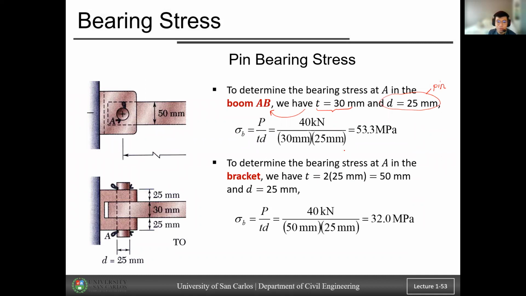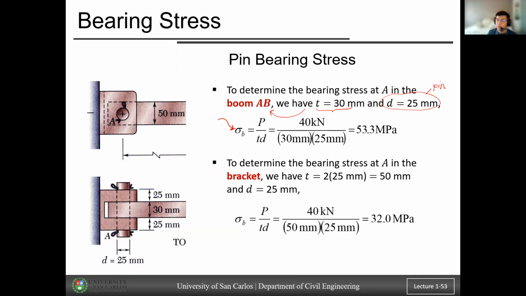Okay, so the stress at B, meaning at boom AB, is just sigma sub B. Notice again that the variable we use is sigma, with subscript B, meaning it refers to the bearing stress.